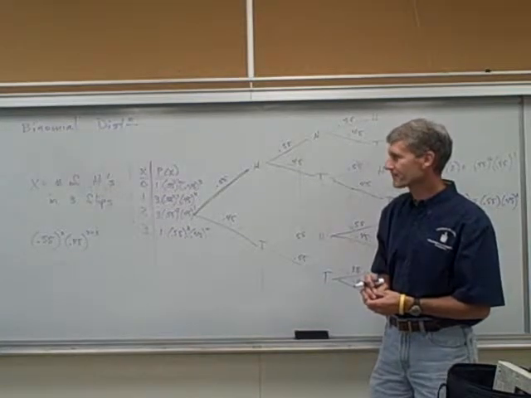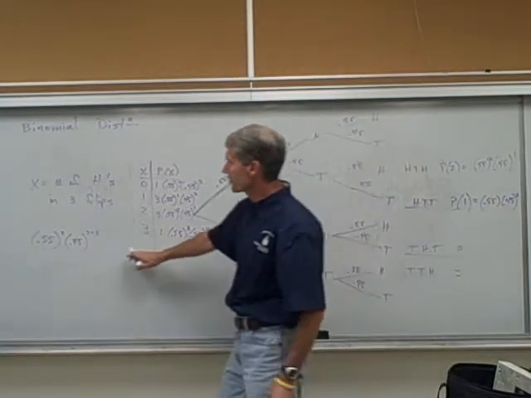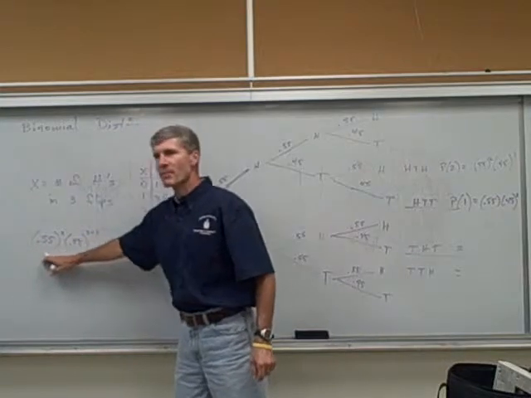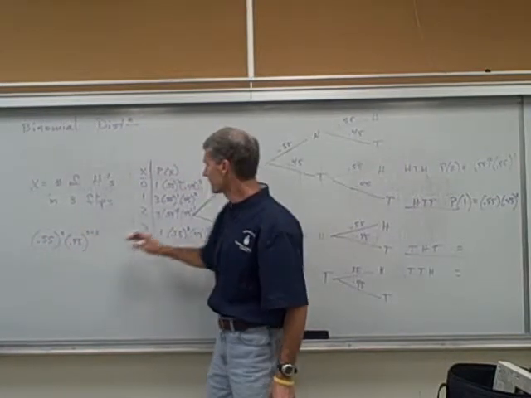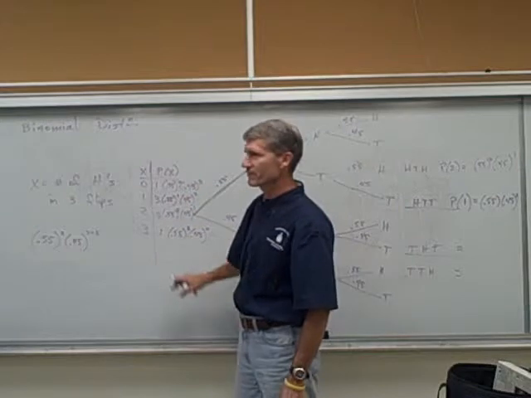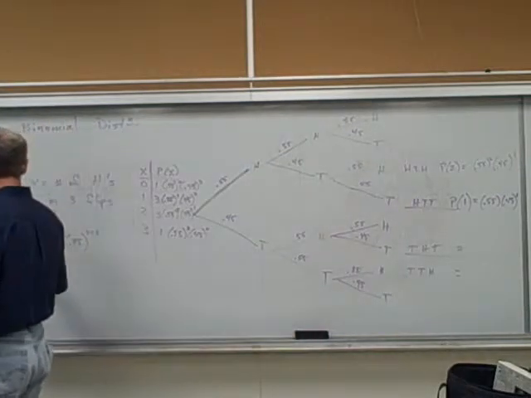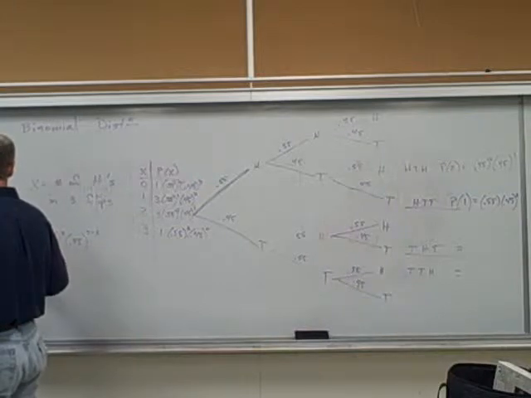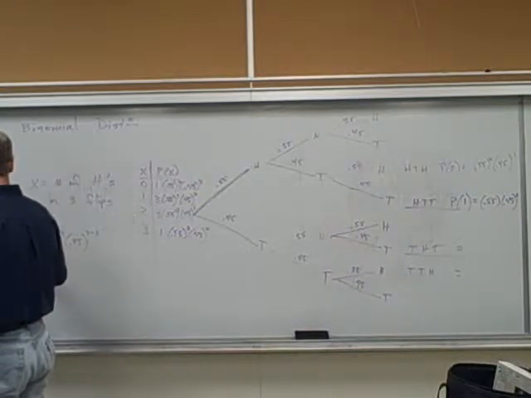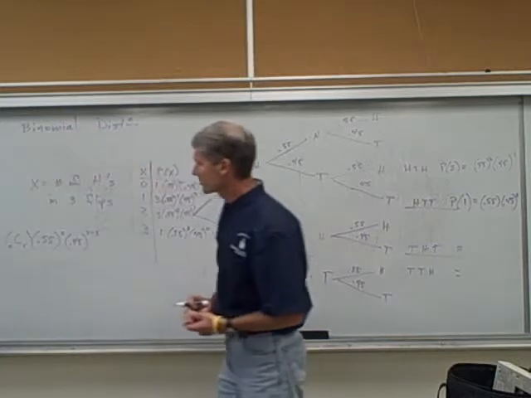Right? So what I've done is I've come up with a formula for the probability that fills in this table, except I'm missing that coefficient out front. And that coefficient turns out to be what's called the binomial coefficient. And in our calculator's notation, it's written like that.